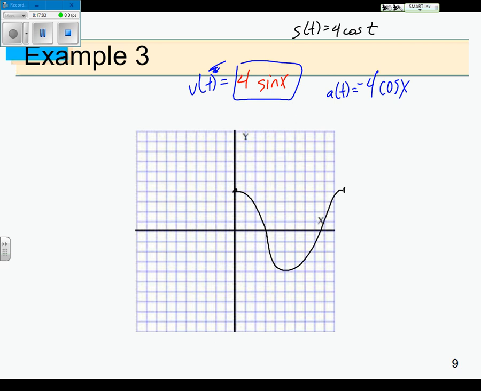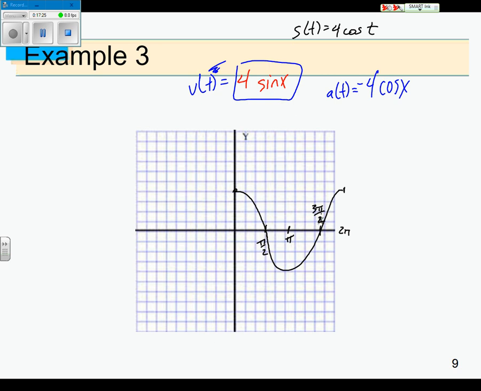It reaches back to this peak at 2 pi. I didn't come close to making my x-axis to scale, but I know a couple of points in here that I'm going to use for references. So that would be pi. Here I have pi over 2, and I have 3 pi over 2.